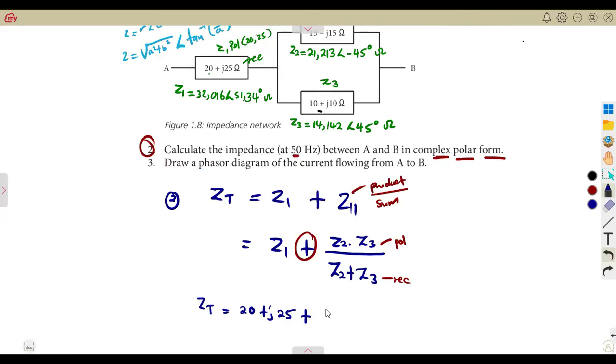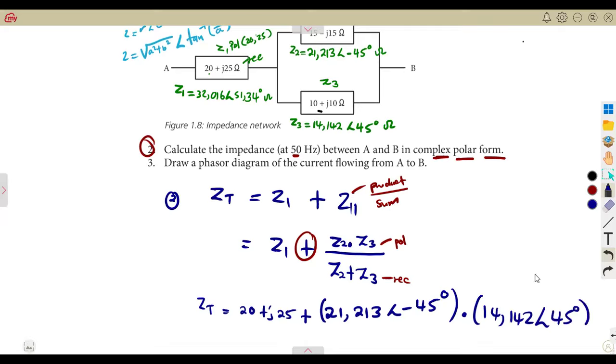So this is 21.213 at an angle of minus 45 degrees, times our Z3, which is 14.142 at an angle of positive 45 degrees. That's the product of Z2 and Z3 in polar form.